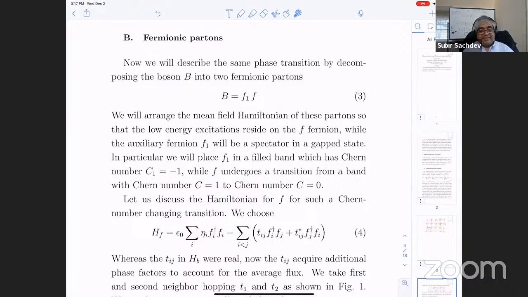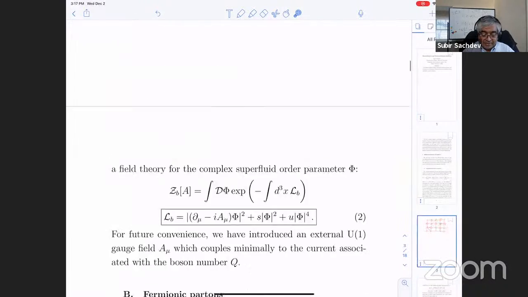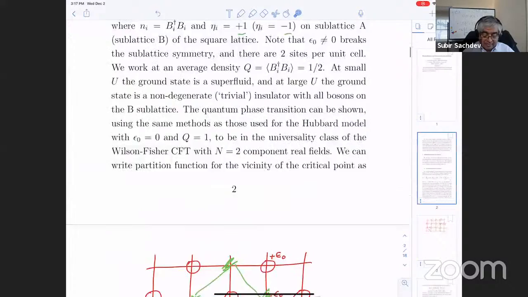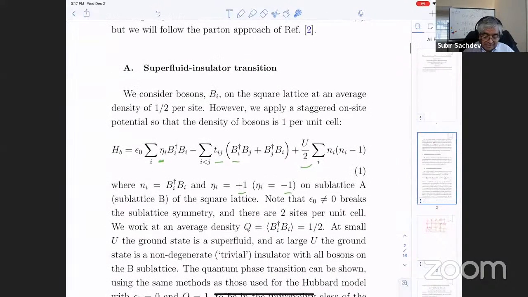Now this should immediately set off alarm bells if you're awake, because I took this system and I assumed that this T_ij was real because I'm assuming time reversal symmetry. And if T_ij is real and you have time reversal symmetry, then there's no possibility of Chern numbers. To get Chern numbers, you have to break time reversal. You have to make T_ij complex. You have to have some magnetic field which gives you phase factors as you hop around.